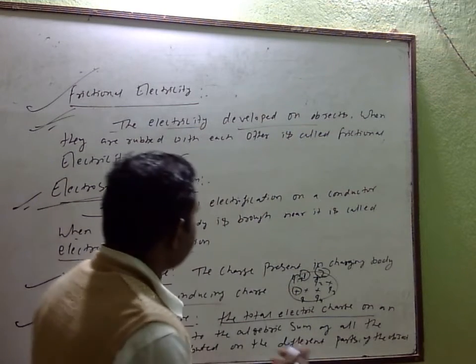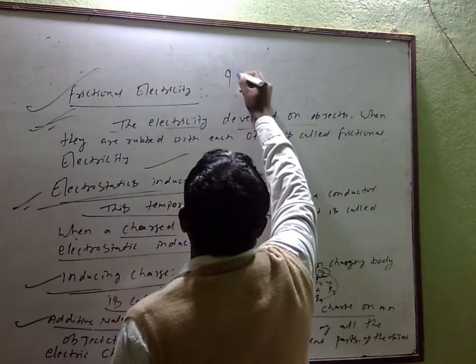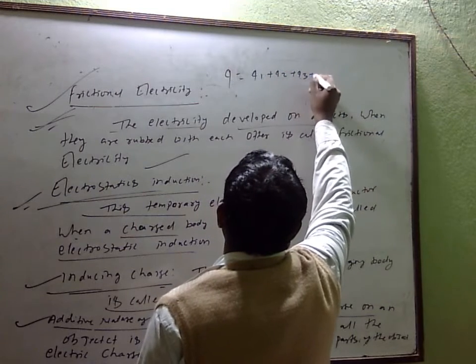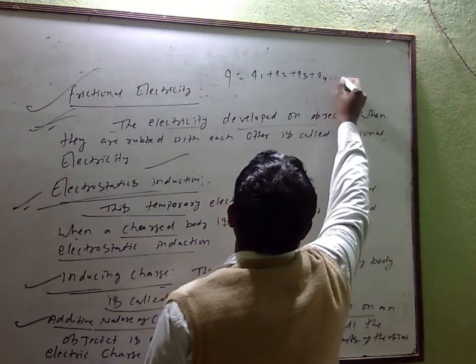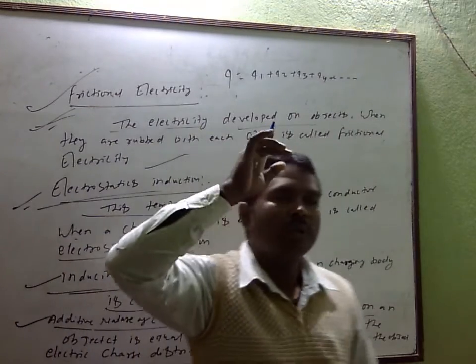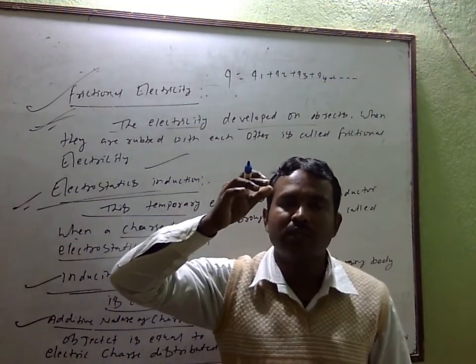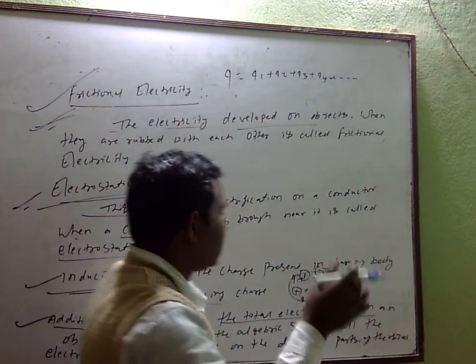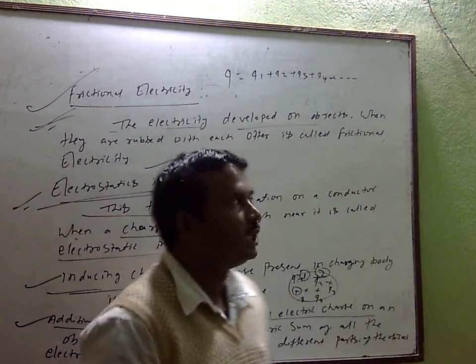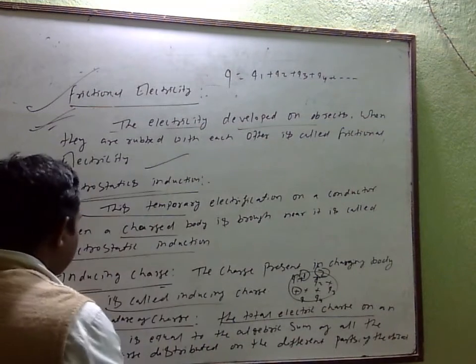Then you can write the total charge as q1 plus q2 plus q3 plus q4 and so on. It means the sum of all the charges present on the different parts of the object. Simple thing, this is the additive nature of charge.